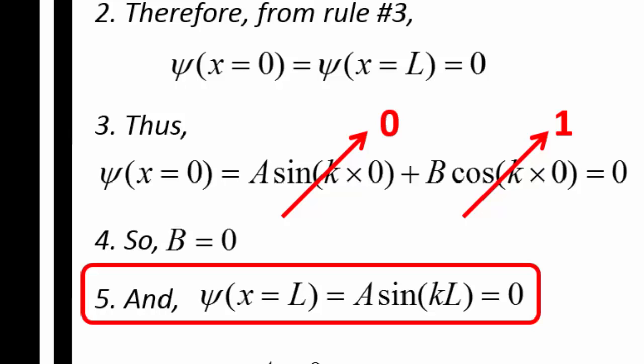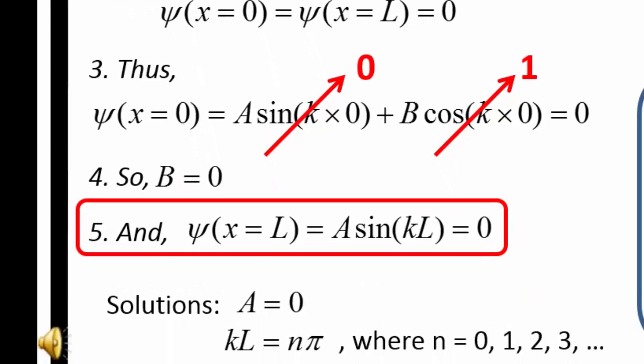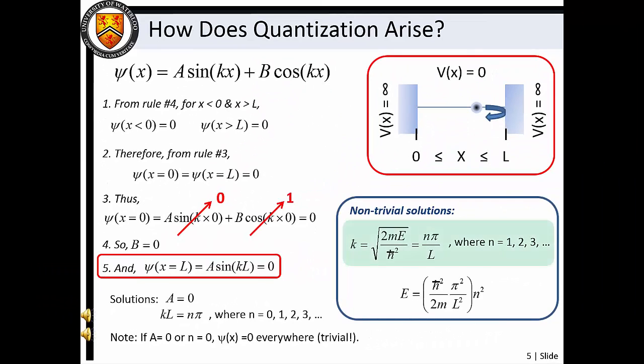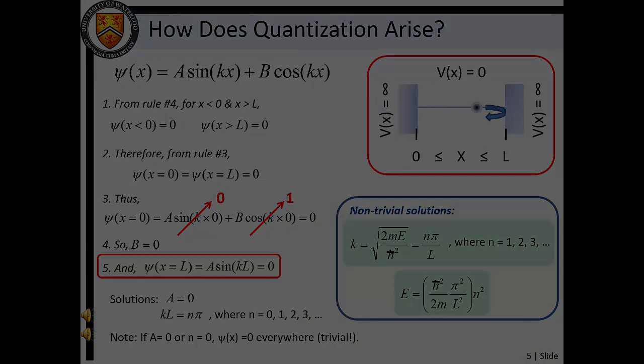By substituting our other limit, x equals L, to yield A sin kL equals 0, we then find the trivial solution of A equals 0, i.e. there is no particle, or kL equals n pi, where n is any positive integer. Recalling that k equals the square root of 2mE divided by h bar, this simple derivation shows us that our confined particle has energies that depend on particle mass, the box length, and quantum number n.